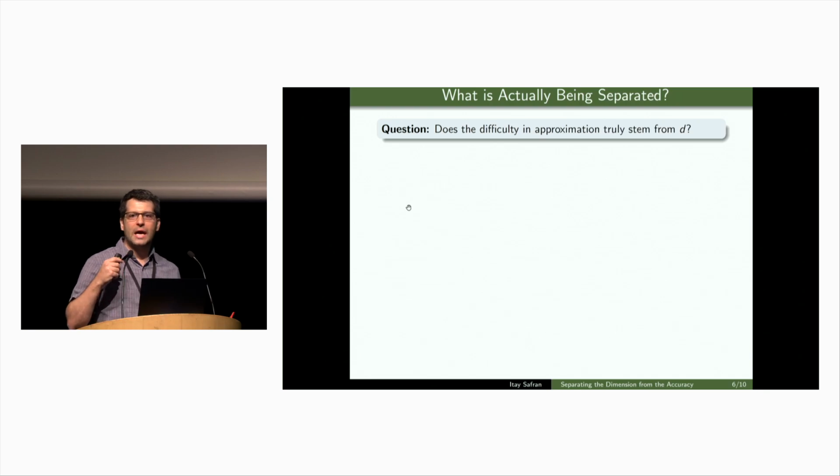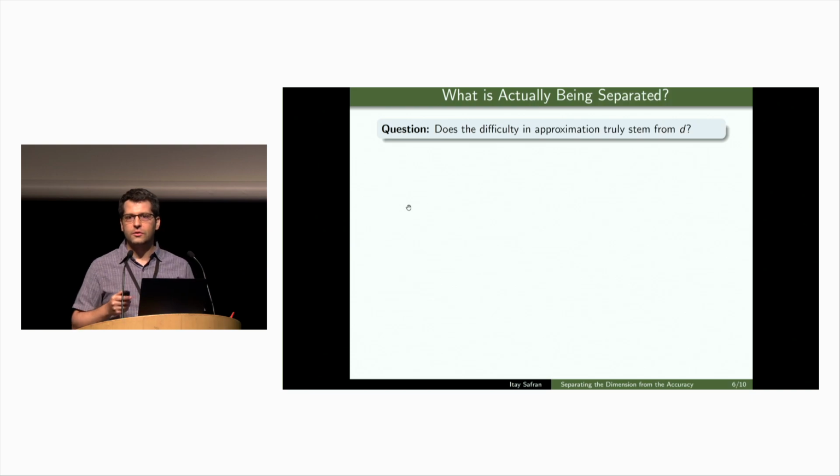When we say that we have exponential dependence in the input dimension d, does it truly stem from the input dimension? Maybe there's some very clever construction which is always polynomial in the input dimension d. However, it may be exponential in one of the other parameters, and since these parameters were forced to scale with d, we get this exponential dependence in the input dimension.